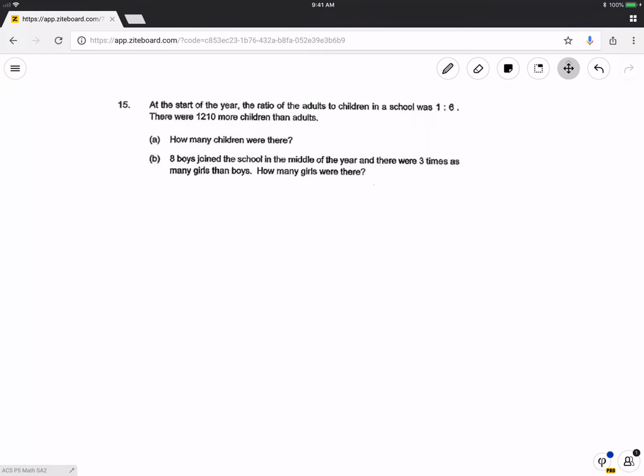At the start of the year, the ratio of adults to children was 1:6. So adults to children is 1:6. There were 1,210 more children than adults, obviously, because it's a school.